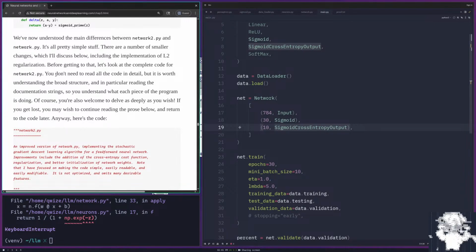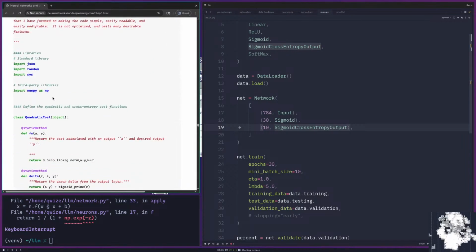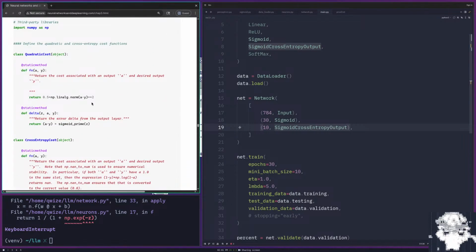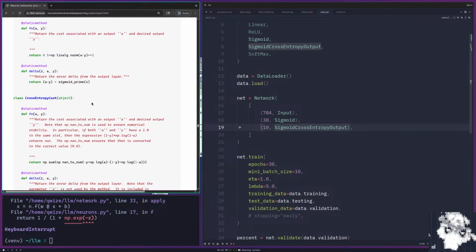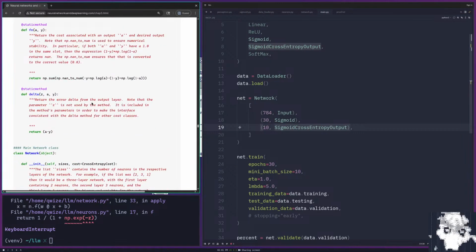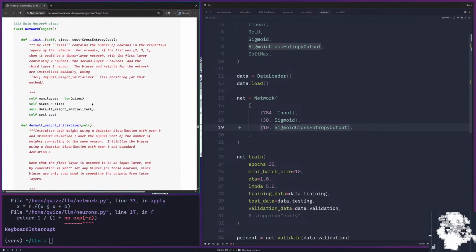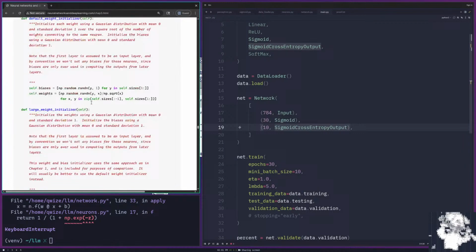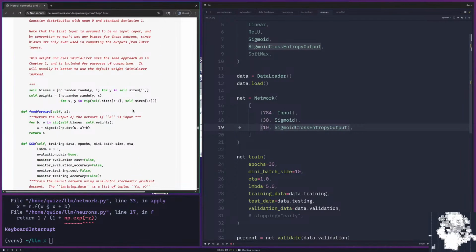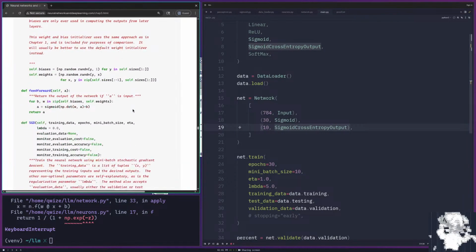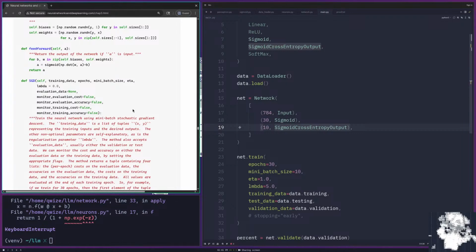Let's look at the code. Here's the code. All right. I don't think there's anything left that I wanted to understand. The weight initialization was the only thing that I wasn't sure about, and we found the issue with the way we were doing it by reading it. I think the rest of it, I understand.